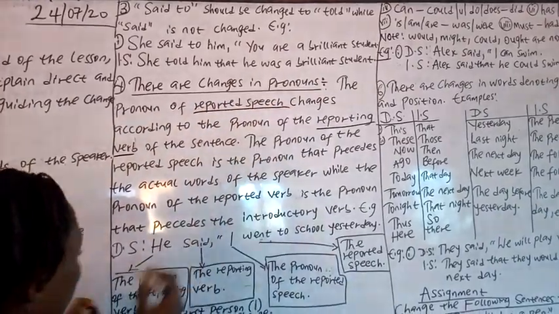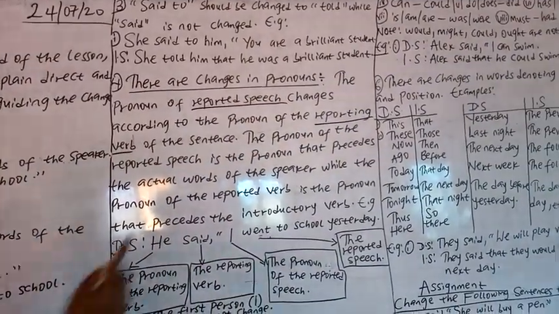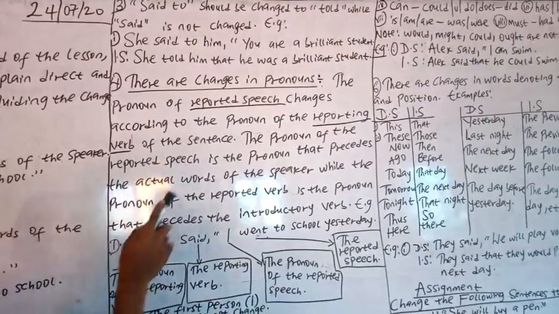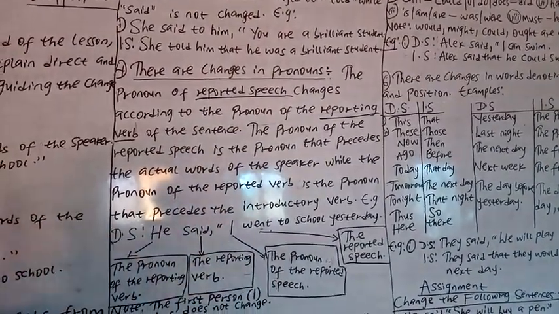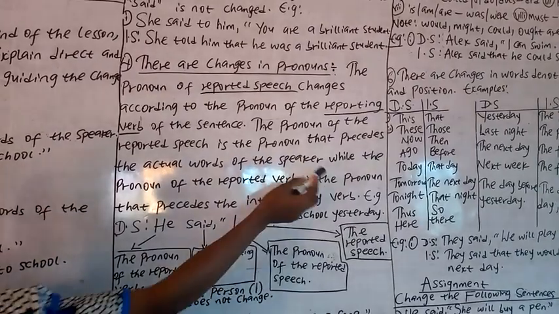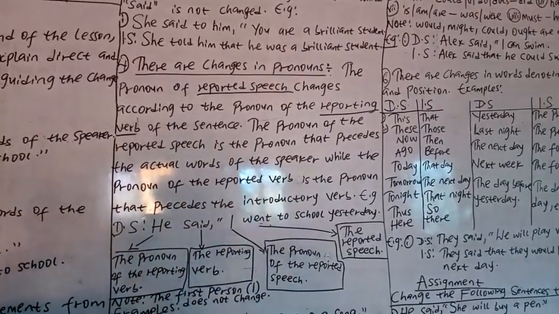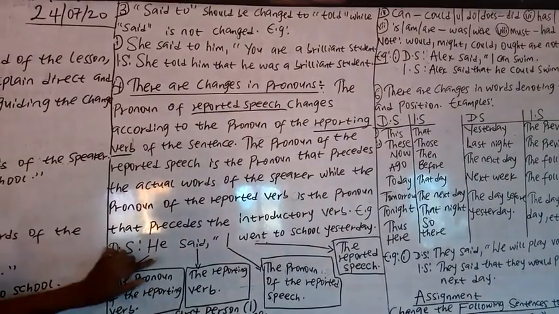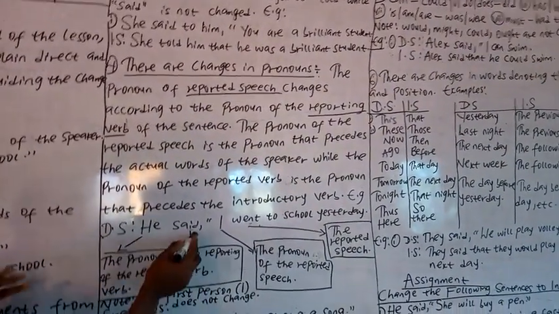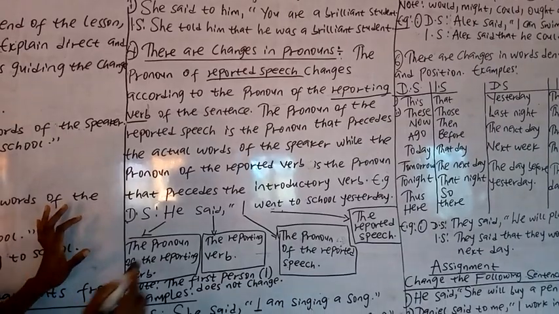The pronoun of the reported speech is the pronoun that precedes the actual words of the speaker, while the pronoun of the reporting verb is the pronoun that precedes the introductory verb. With the aid of my illustration here, you will understand it better.